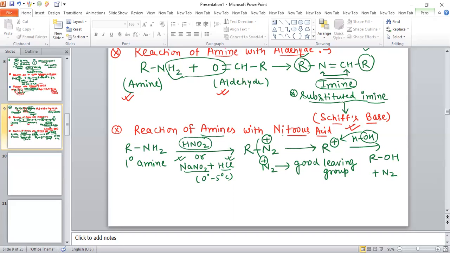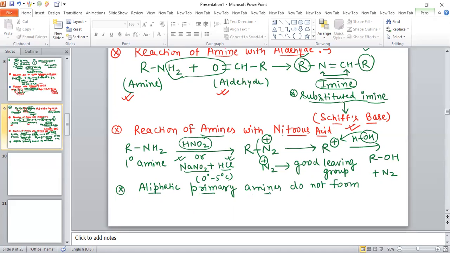So what happens in this case? You can easily identify. So basically we can say aliphatic primary amines do not form diazonium salt.